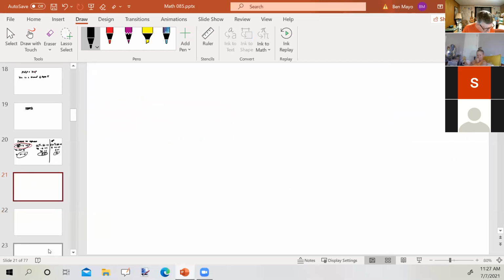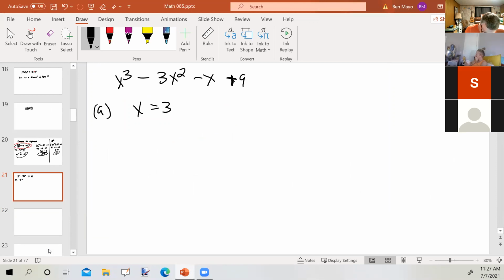Let's say we've got x cubed minus 3x squared minus x plus 9, okay? And we want to evaluate the expression when x is 3 and when x is negative 3, okay?